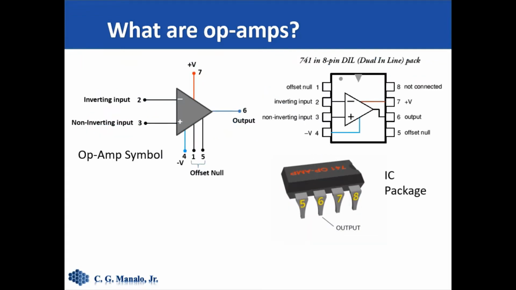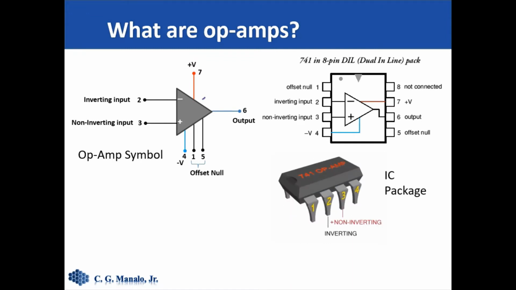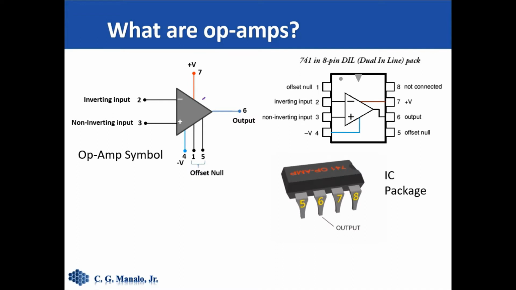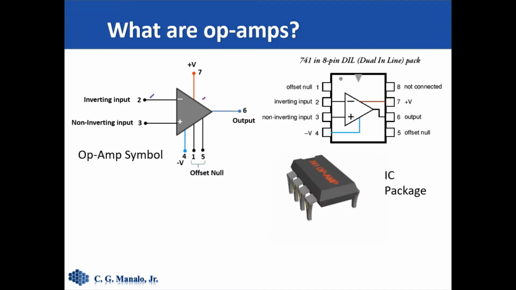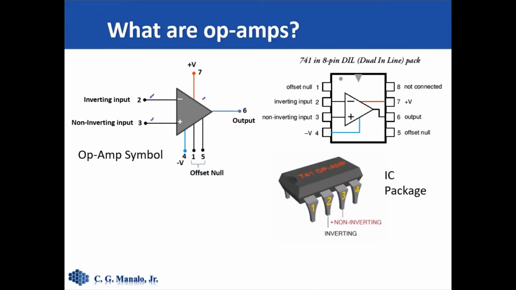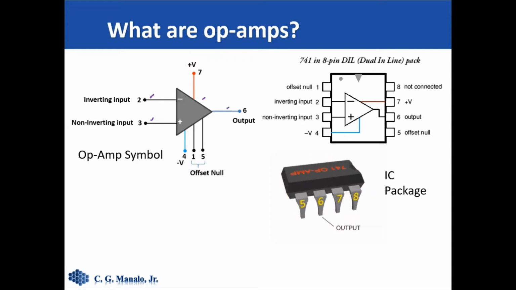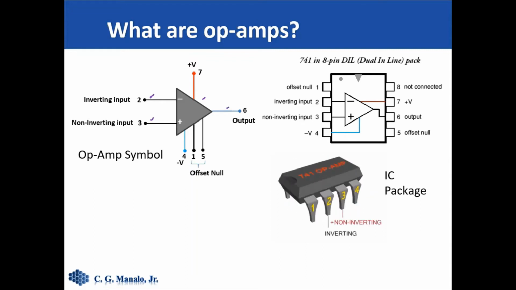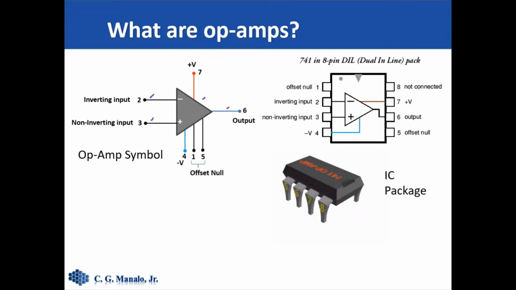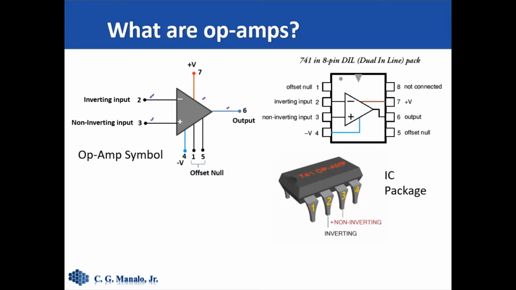An op-amp is represented by a triangle in circuits. The symbol has two input terminals, which we call the inverting input and the non-inverting input. It also has an output terminal, 6. Sometimes we draw the op-amp along with other terminals, for example terminals 4 and 7, which represent the power supply terminals.